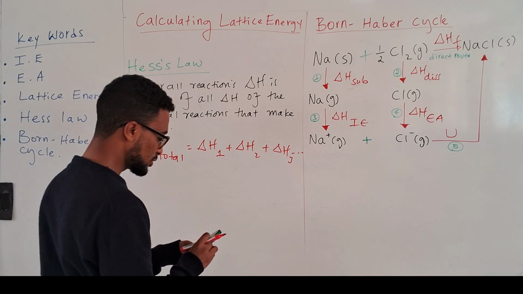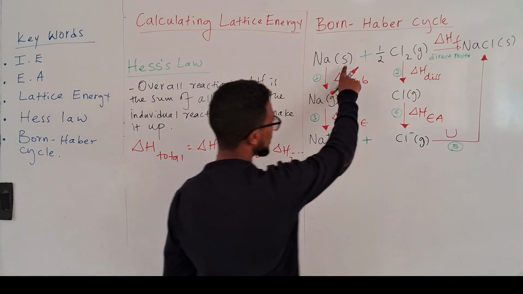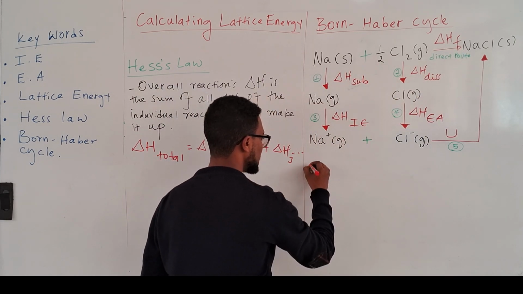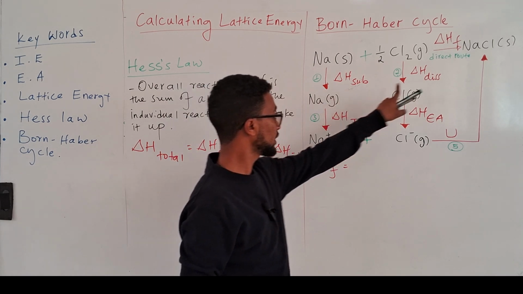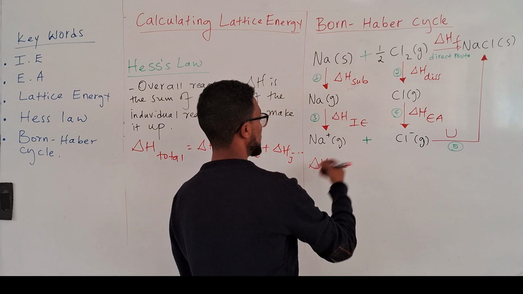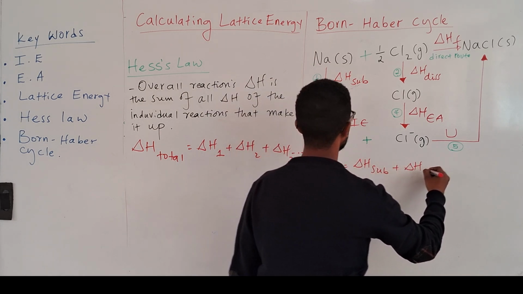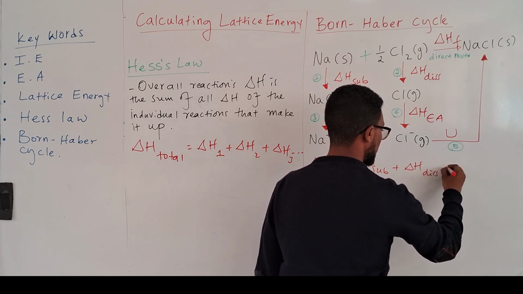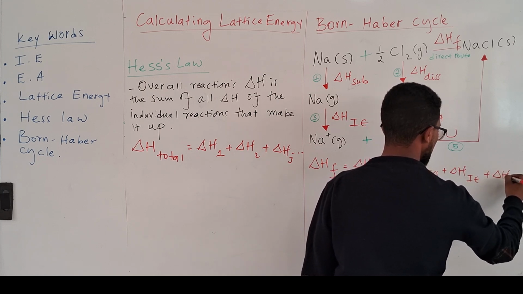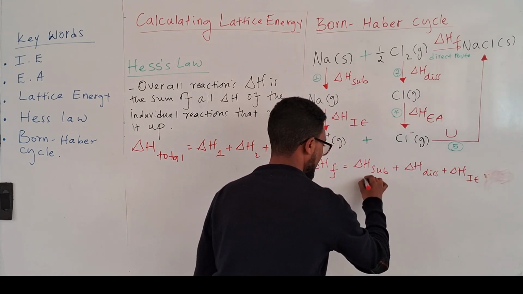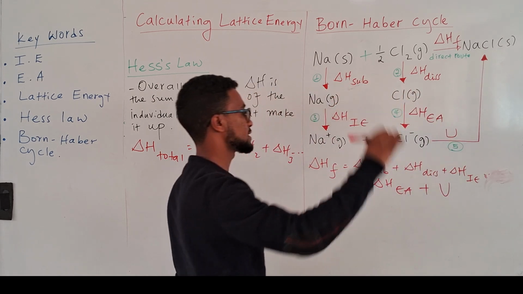So now, according to Hess's law, the energy required for the direct route, which is enthalpy change of formation, should be the same as the sum of all the energies in these 5 steps. Okay, it should be the same as enthalpy change of sublimation plus enthalpy change of dissociation plus enthalpy change of ionization energy plus enthalpy change of electron affinity and lattice energy.